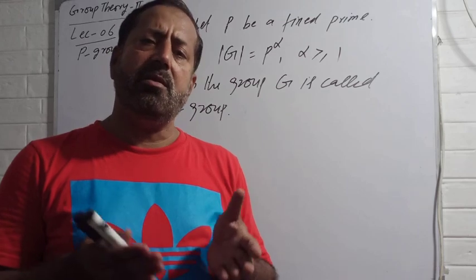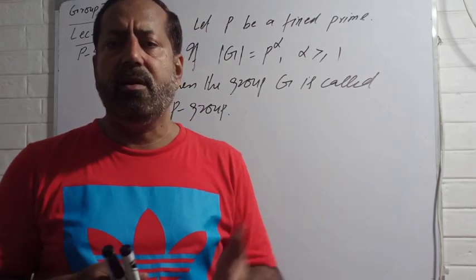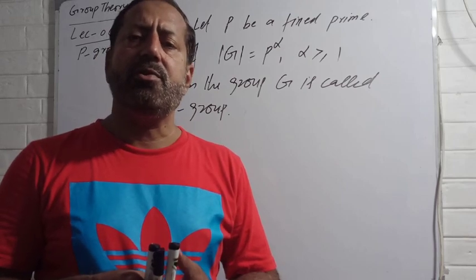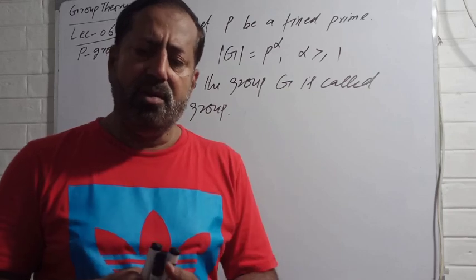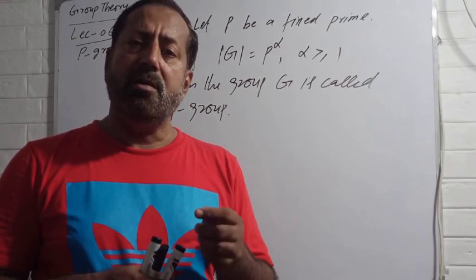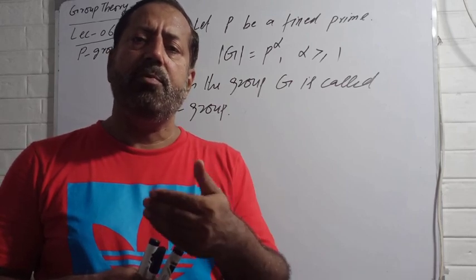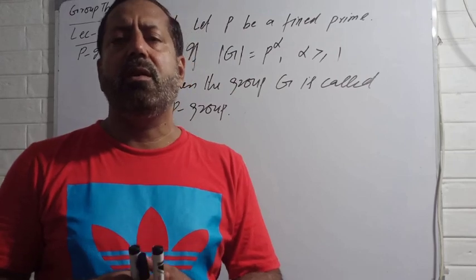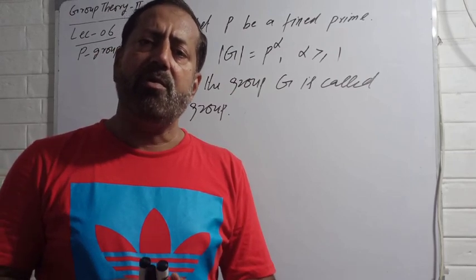So since the order of G is P power alpha, the numbers that can divide P power alpha should be P1, P2, P3 and so on, P power R, where R is less than or equal to alpha.